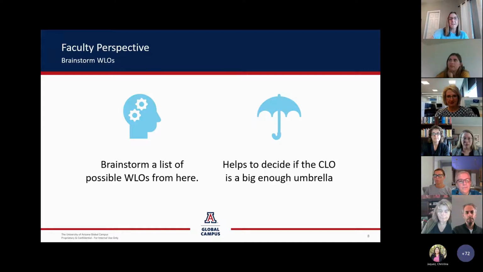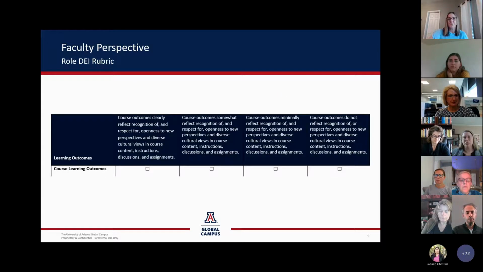And then this last piece is something that's newer to what I've started to consider when looking at course learning outcomes, as we as an institution have implemented the DEI rubric. I'm starting to really think about the components of the DEI rubric that come into play with course outcomes.